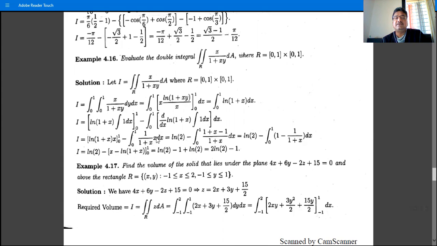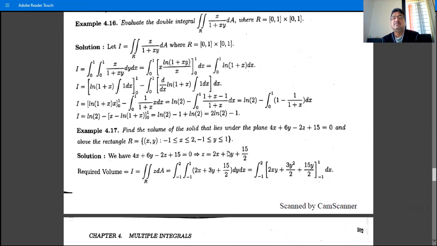Write this as 1 plus x minus 1, and then 1 by 1 plus x divided by 1 plus x is 1, and 1 minus 1 by 1 plus x, and then integration of 1 is x, and integration of 1 by 1 plus x is log of 1 plus x, value at the upper limit minus value at the lower limit.